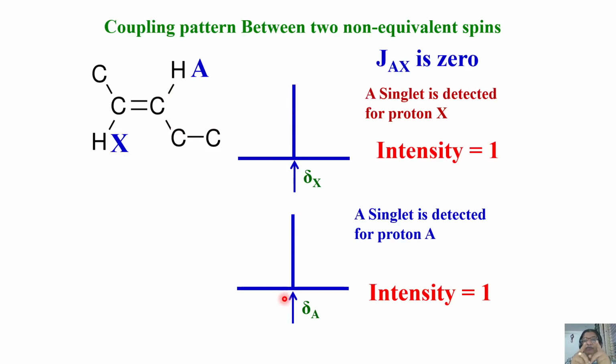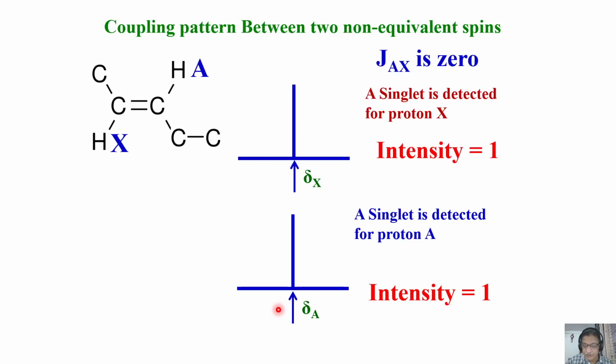Please remember, we worked this out in one of the classes two classes before. For 2 non-interacting spins, we calculated the transitions: one transition for A and one transition for X. In reality, there are two peaks overlapping. Let us consider the intensity of each as 1. They are all of equal intensity, and they overlap.